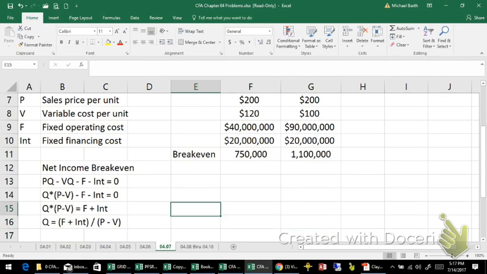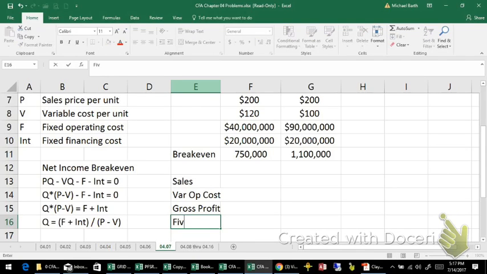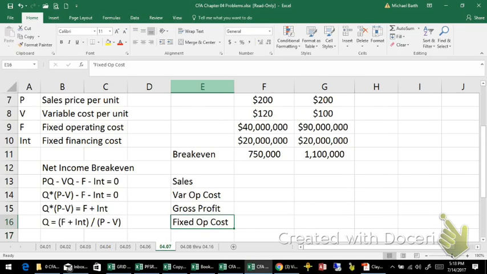All you have to do is produce the income statement. PQ, that'd be revenue, or sales, less variable op cost. Subtract that, you get gross profit. Subtract the fixed op cost, and you would have operating income.